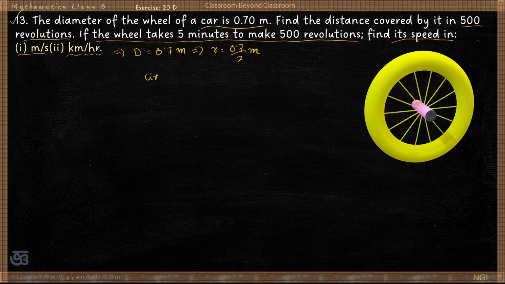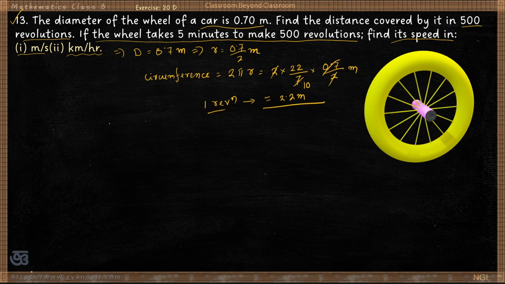So first we will find the circumference, which is 2πr, equal to 2 multiplied by 22 divided by 7 multiplied by 0.7 divided by 2 meter. The 2s cancel, 0.7 times 7 is 2.2 meter. So one revolution is equal to 2.2 meter.